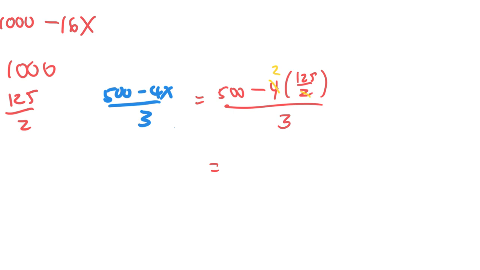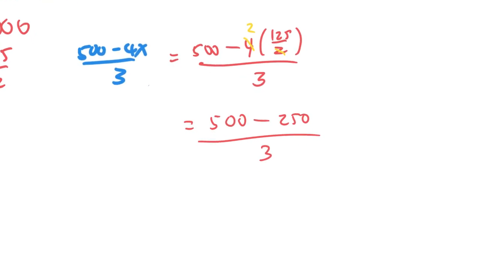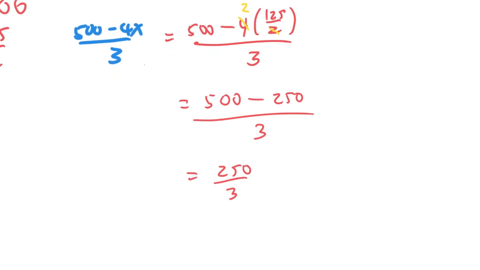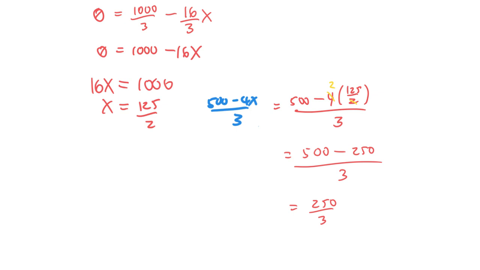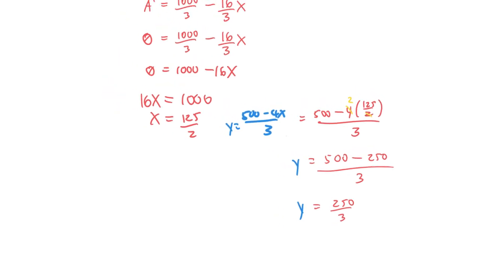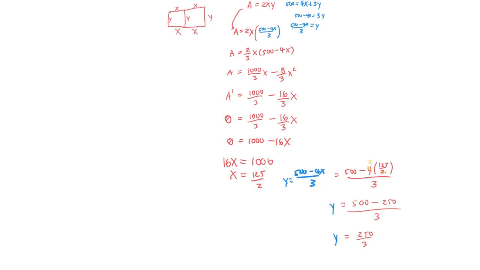This would turn into a 2. 500 minus 2 times 125, which is 250, all over 3. That is 250 over 3. And that's going to be y. So remember, y was equal to this. So y is equal to that. Therefore, these x's are each 125 over 2, and y is 250 over 3.